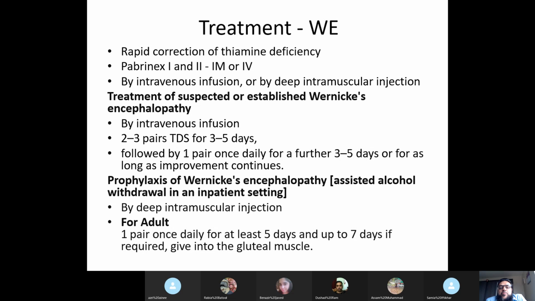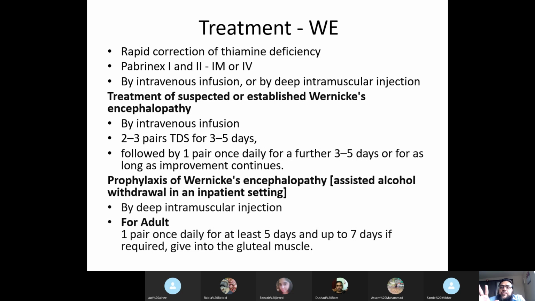Usually these patients are cannulated, or otherwise you can do the intramuscular. You can switch the syringes with the same needle and give the two injections one after another. But that is in the Western countries where Pebrinex is available.